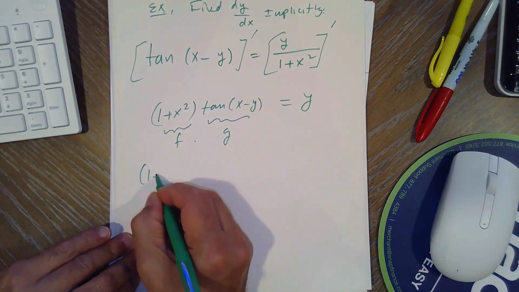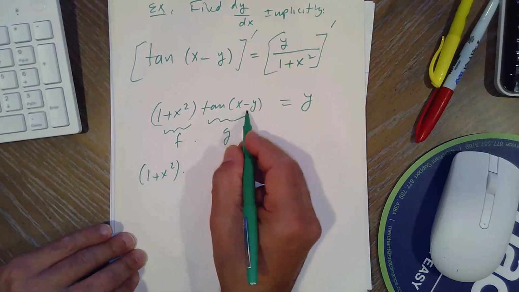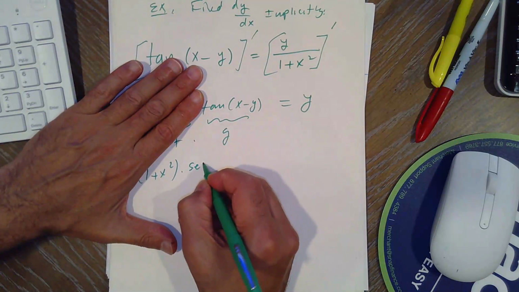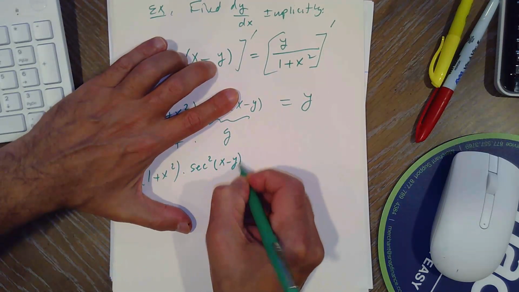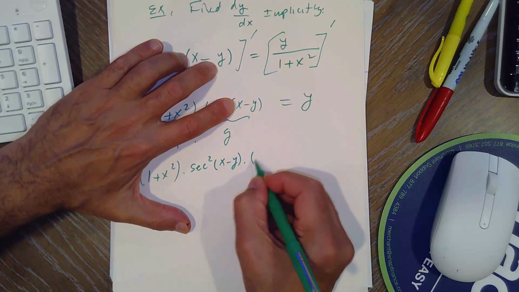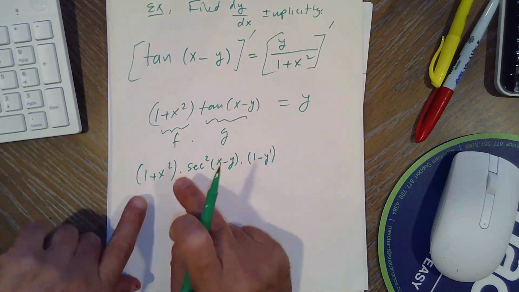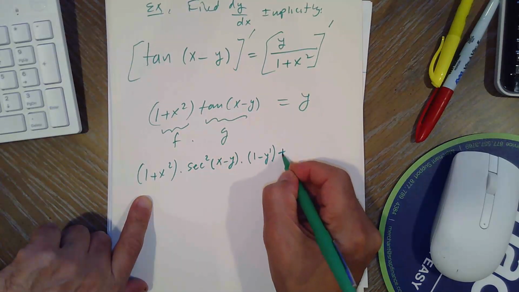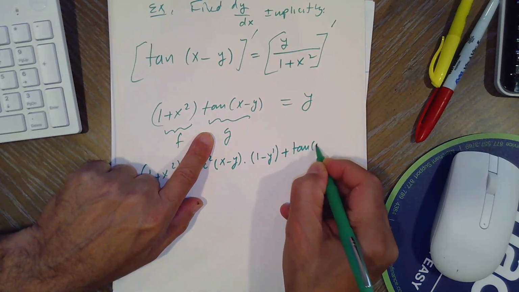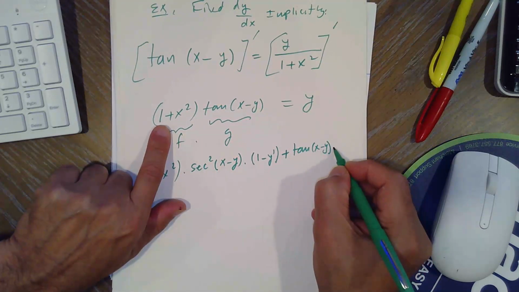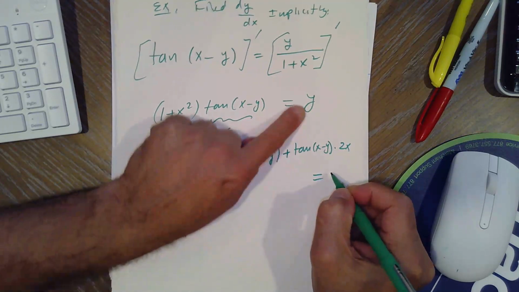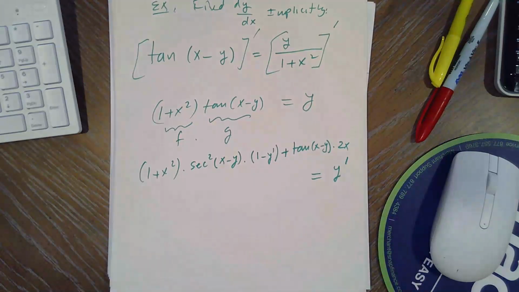So we fix f times derivative of tangent u, it's secant square u times u prime. Derivative of x minus y is 1 minus y prime. So that's f g prime plus g f prime. Derivative of that is 2x equals derivative of y, and as always is y prime, dy by dx.